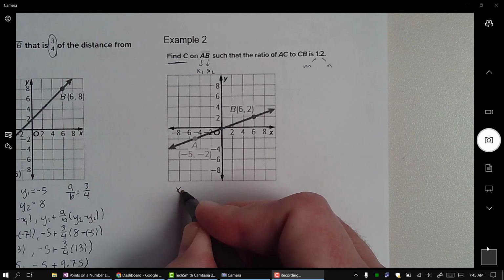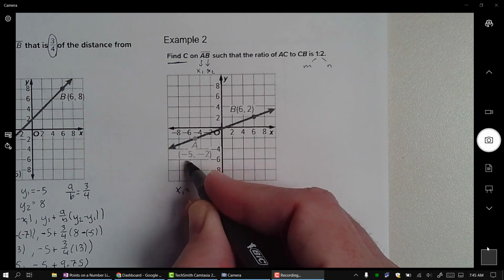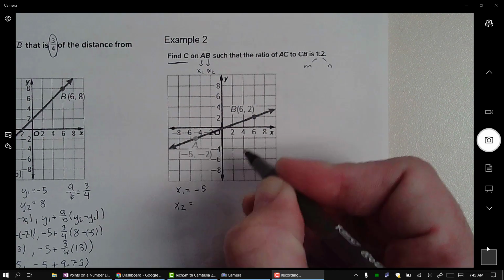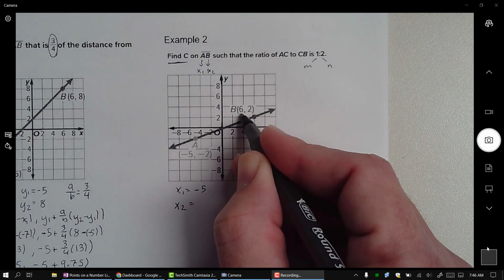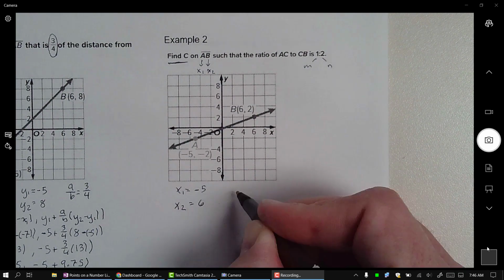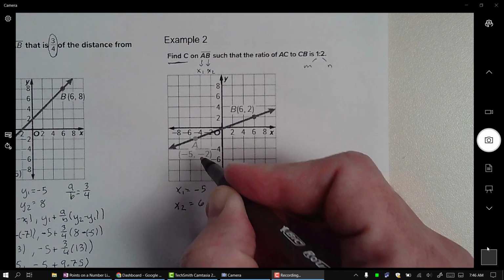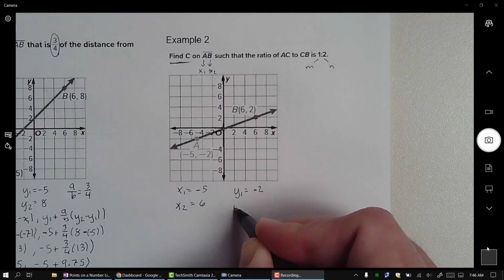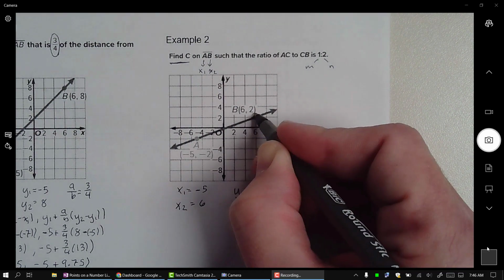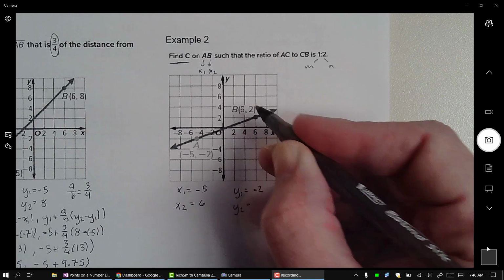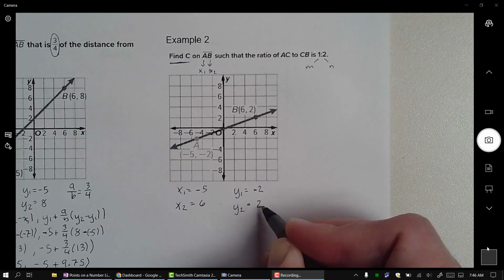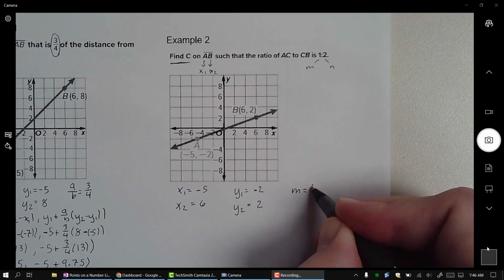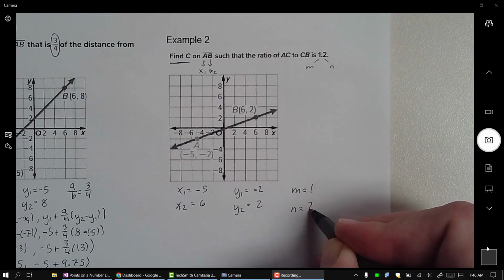So x1 comes from my x value for my A, so it's going to be negative 5. x2 comes from the x coordinate of my B, that's going to be 6. y1 also comes from my A coordinate, that's going to be negative 2. y2 comes from the y value of my B coordinate, that's going to be 2. And as I said up here, my ratio, m is 1, n is 2.